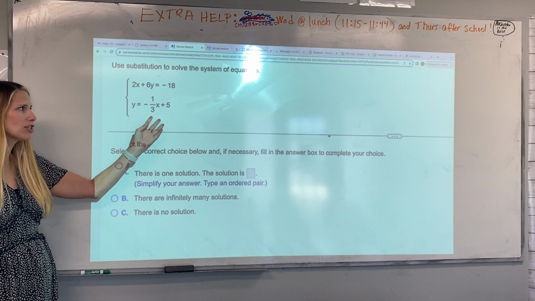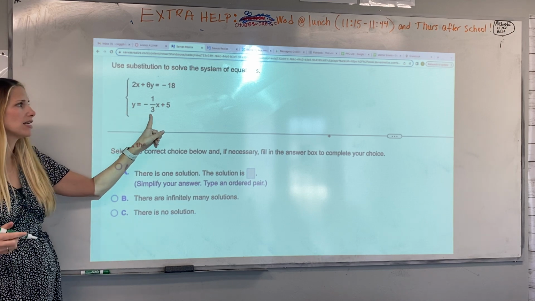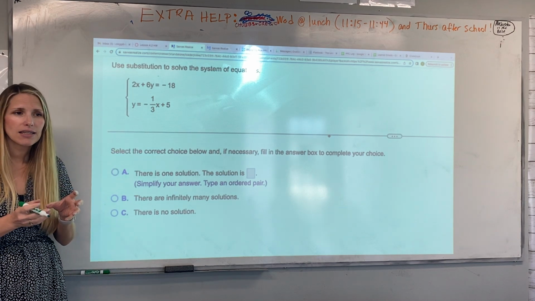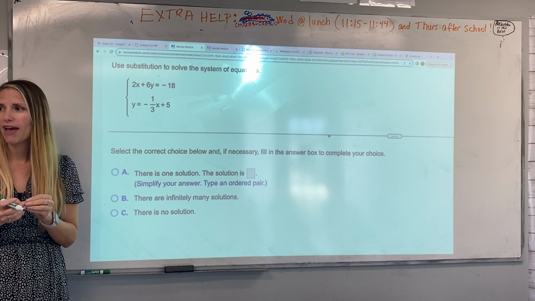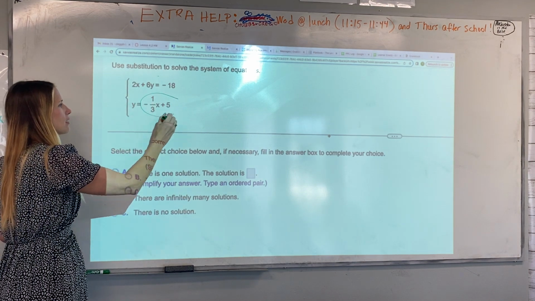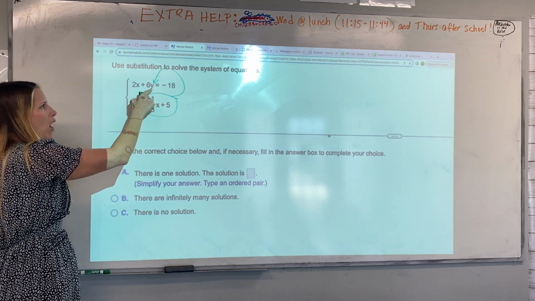So Emily, you are correct. It's the second equation because y is by itself. So this expression, negative 1/3 x plus 5, is the same value as y. Therefore, we can use it to substitute for y.